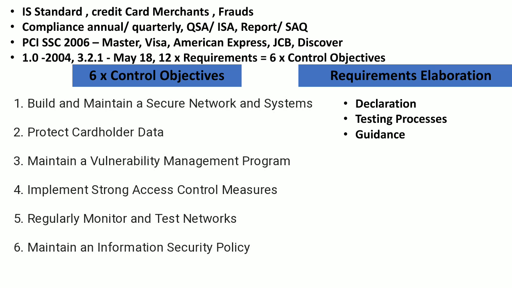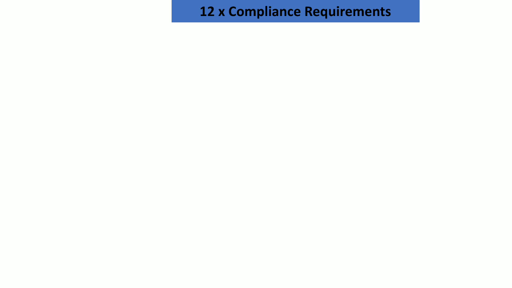Then the testing methodology and processes for this requirement for the assessor, and then the guidance on this particular requirement or sub-requirement. So now these are the 12 requirements, and I have highlighted these requirements in 6 colors, indicating the control objectives to which they belong.